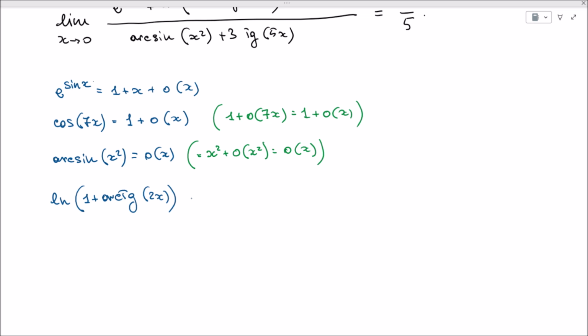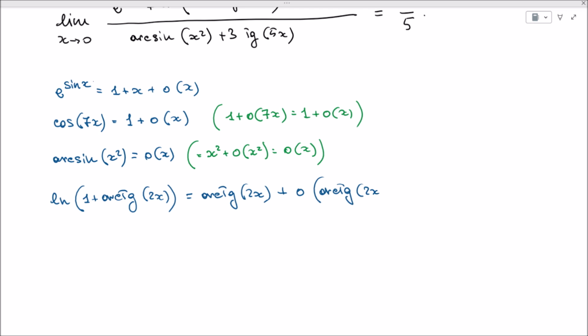Let me do the first expansion by just using the logarithm of 1 plus something that goes to 0. So this will become arctangent of 2x plus the little o of arctangent of 2x, right? We know that.